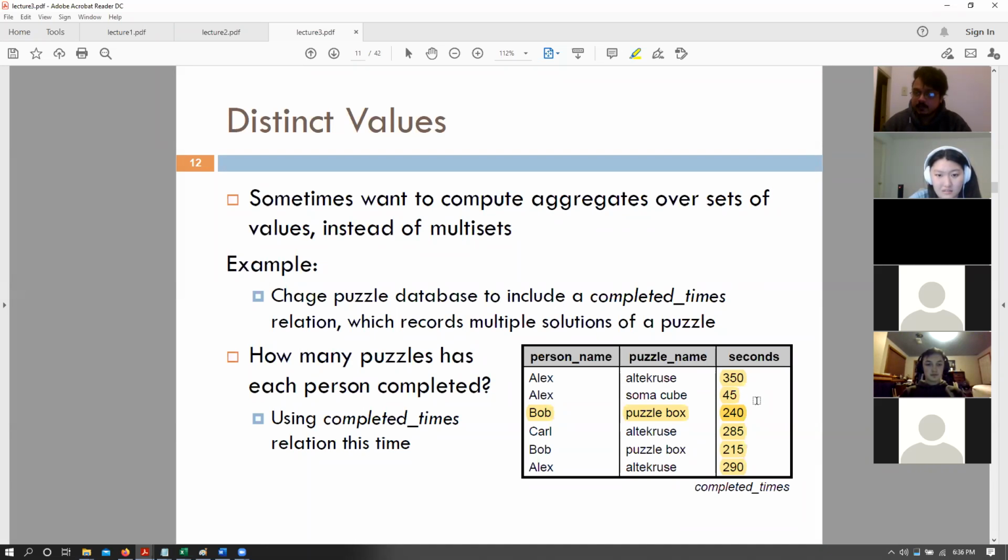However, we cannot say get me the user's name that has taken the maximum time in solving a particular puzzle. In that scenario, Alex Altitude 350 should be selected, but that also means that you need to evaluate all of the values in that seconds column to figure out which is the maximum.